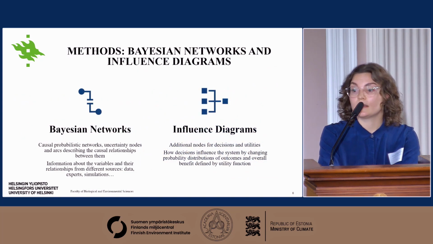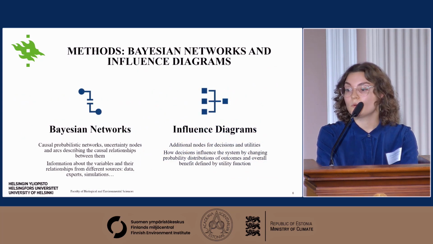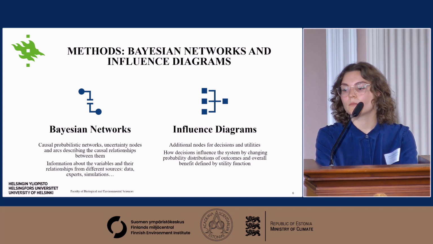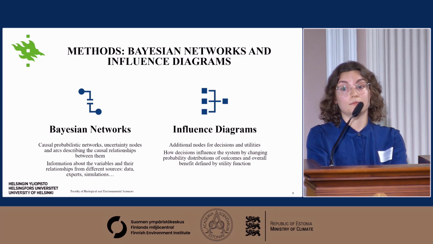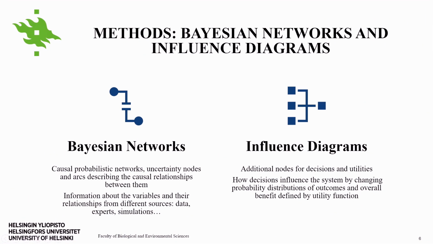Like I said, I used Bayesian networks, or so-called influence diagrams, to analyze this. Bayesian networks are causal probabilistic networks. They consist of random variables called uncertainty nodes and arcs between them that tell about the hierarchies or dependencies between the variables.